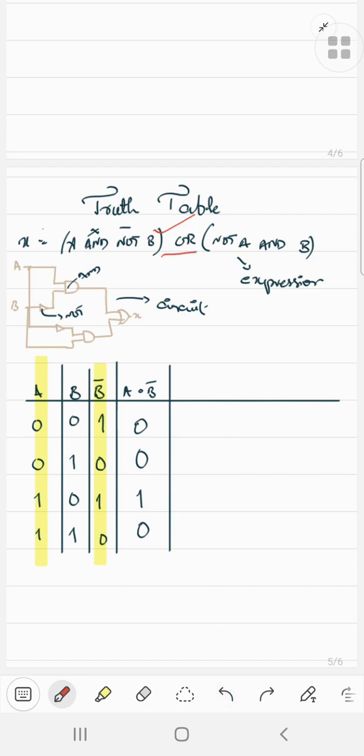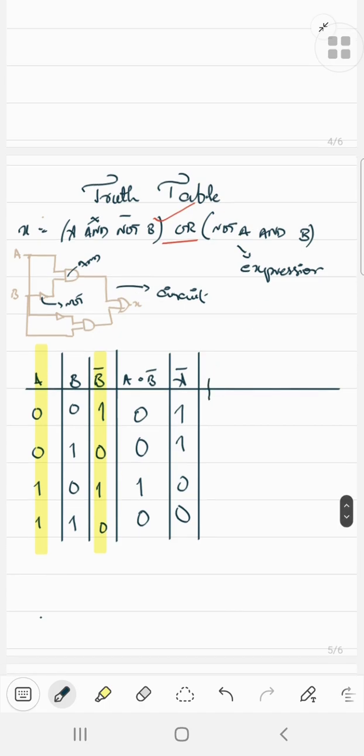Okay, this thing has to be left for the last. You will do this at the end. Now not A means the inverse of A, and means multiply by B. We will multiply B with not A. Okay, let's multiply it.